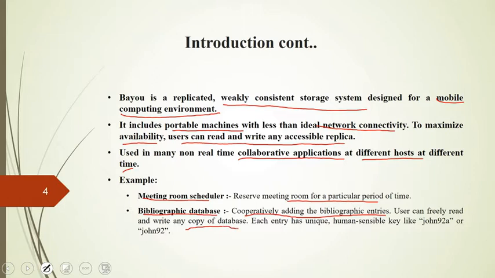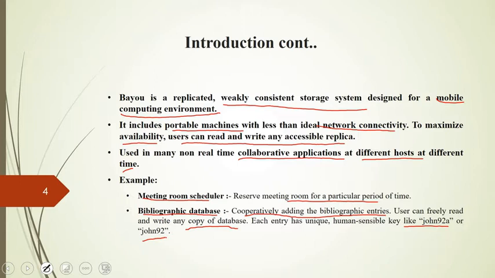Each entry has a unique key like John A or John 92. Each key is tentatively assigned when an entry is added. With each entry added, the user must be aware of the concurrent updates and should wait till the key is confirmed. There are different problems which may occur by chance in this bibliographic database.